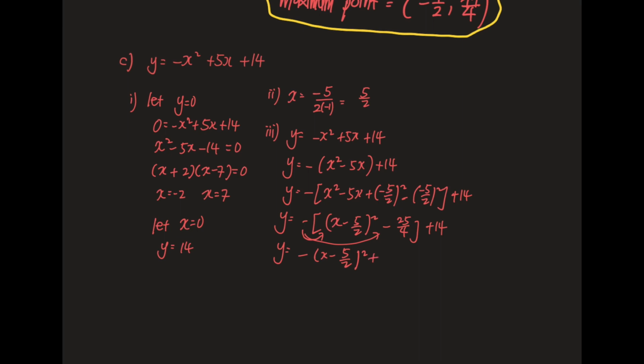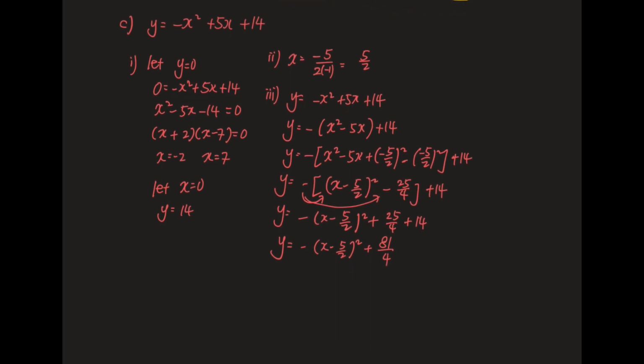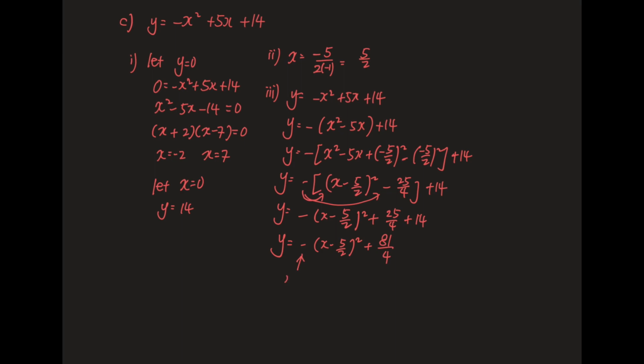So minus (x minus 5 over 2) squared. This becomes positive. Then we add up the last 2 terms. 25 over 4 plus 14, then we get 81 over 4. So this is where a is less than 0, so it is the maximum point.